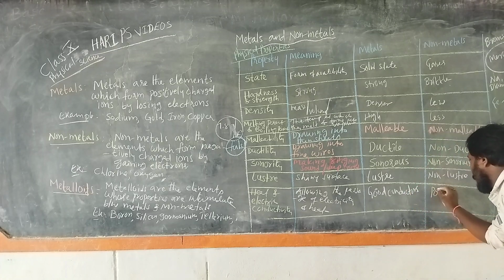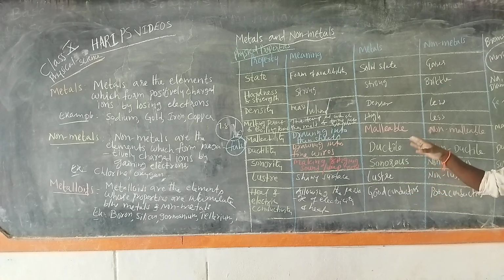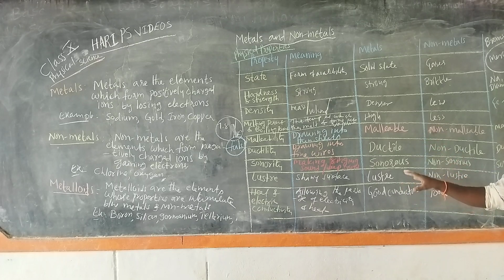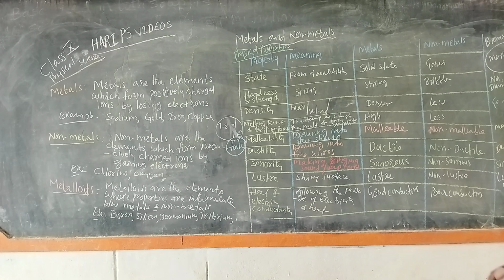Whereas these are the poor conductors. Those substances which allow electricity to pass are called good conductors of electricity. Those which do not allow electricity are called poor conductors, bad conductors or insulators. Similarly for heat conductors.